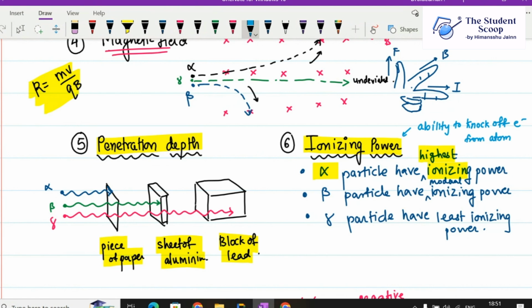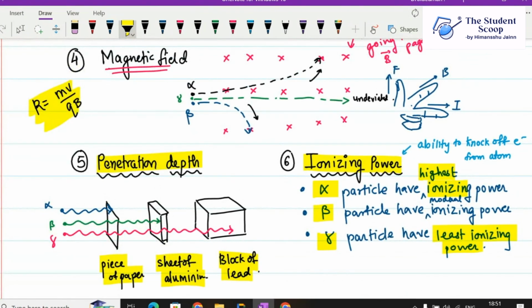That's why it can't go further in air. Alpha particles can't travel very far because they ionize the nearby air molecules. While the gamma particle is least ionizing, so it won't ionize the air. The beta particle comes in between for ionization. Is this clear so far, guys?